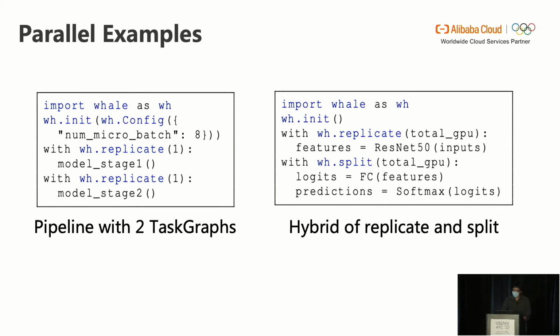The total device number of the two task graphs is two. If the available device number is 8, which is 4 times the total device number, we apply 4-degree data parallelism beyond the pipeline. The second example shows a hybrid strategy that replicates the ResNet 50 features part with splitting the classification model part.